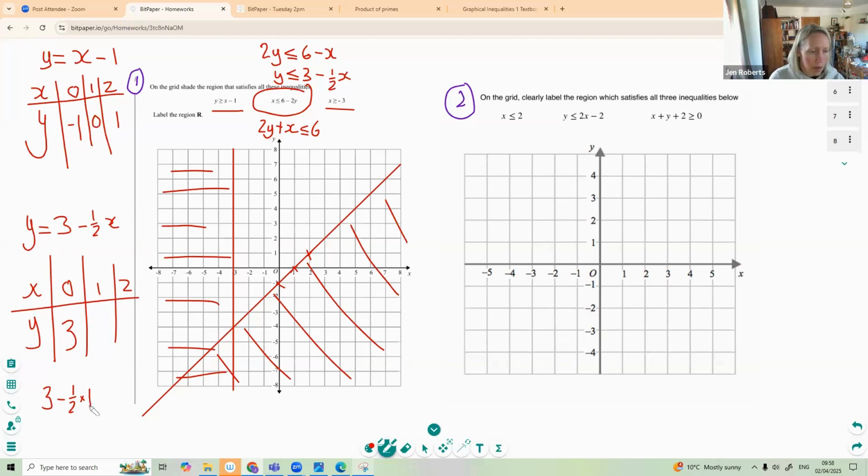Half times 1 is a half. 3 minus a half is 2.5. And then for this last one here, we've got 3 minus a half times 2. Half times 2 is 1. 3 take away 1 is 2. We've got 0, 3. 1, 2.5. And 2, 2.